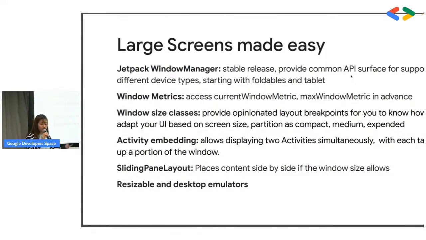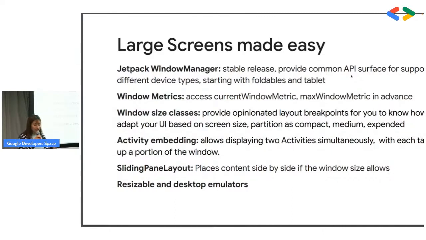For example, Jetpack WindowManager provides common API surfaces, and the window metrics API lets you know your current window metrics, where your app is at, and the maximum window metrics. You can call the maximum window metrics to see how much your app can expand.